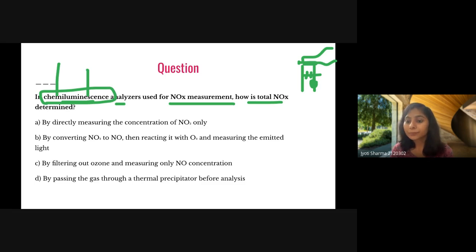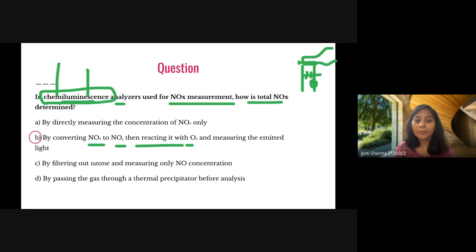Okay, so I'm getting the answer B. Yes, this is B. So what will happen? We are using some ultraviolet radiation. We are breaking this NO2 to NO, and then we will react this with the ozone.